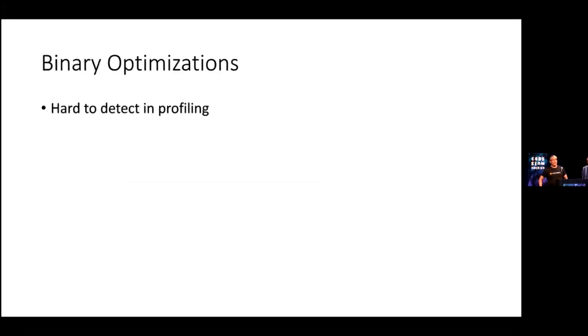So, like Niko was saying, some opportunities for optimization aren't easily found with profiling. And one of these was trying to optimize our use of binaries. We couldn't see these in the profiles because this kind of optimization work is more diffuse through the code.